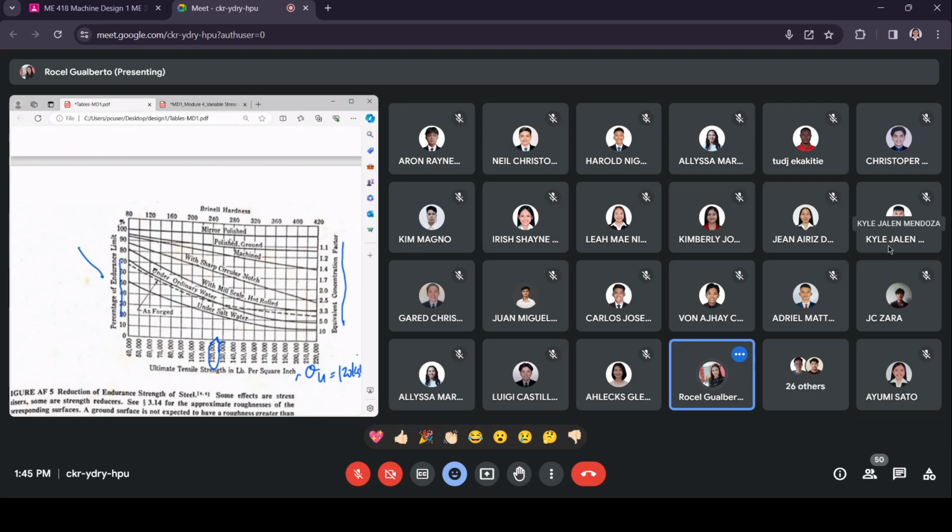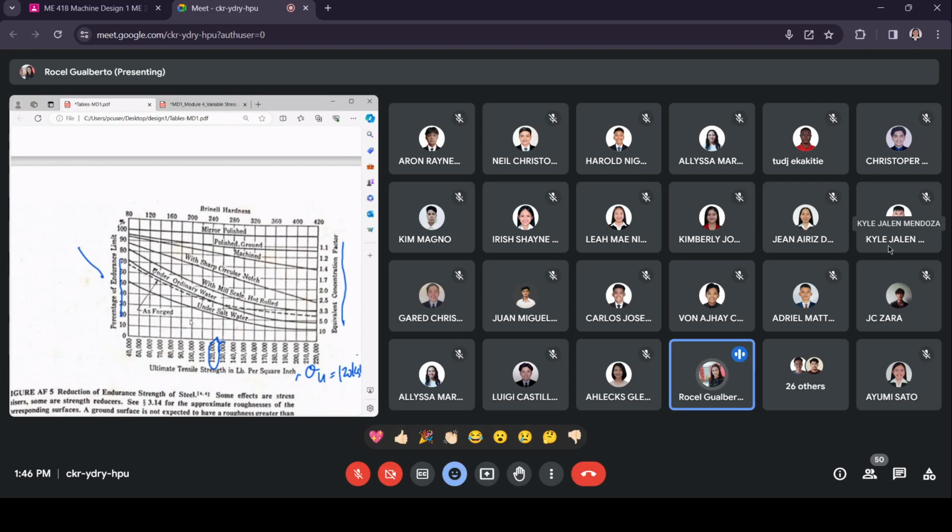Imagine how polished a mirror is; that is how it looks. Next would be ground polish. Third would be machined, and other conditions are indicated on our figure.